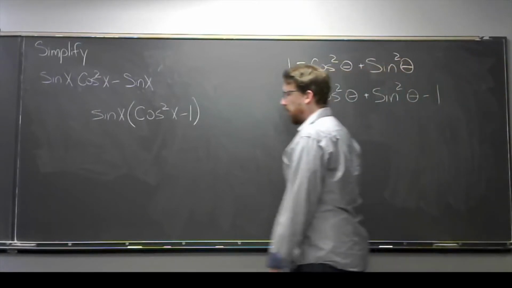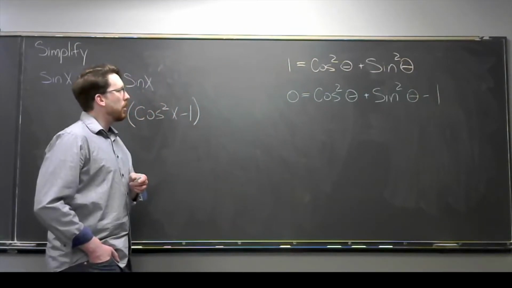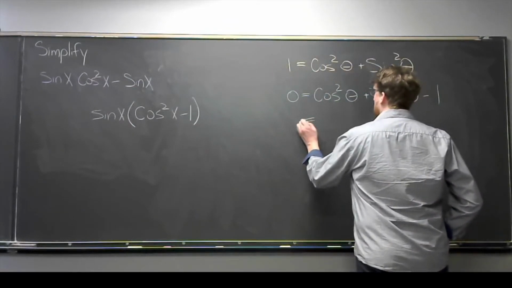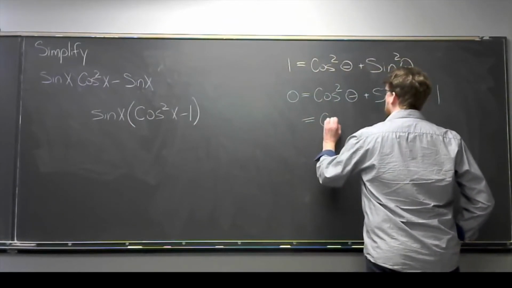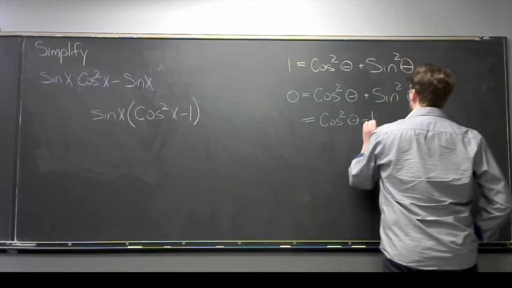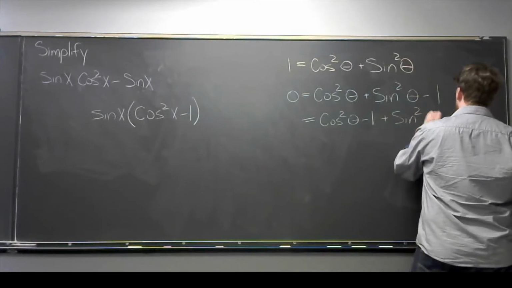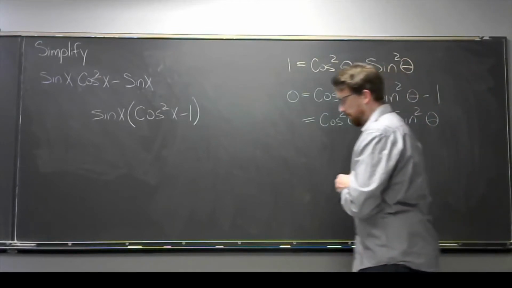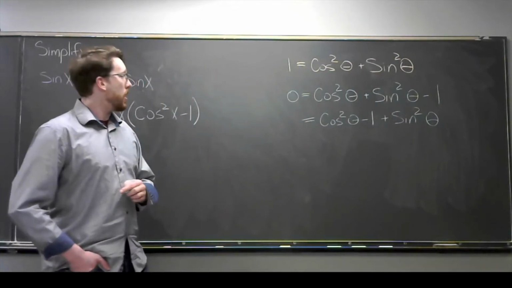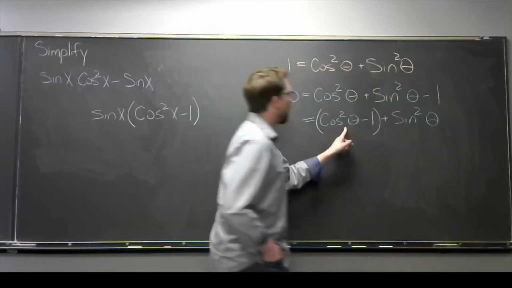Okay, so it's starting to look a little bit closer to what we wanted. Because we can rearrange these terms. And we're going to end up with cosine squared of theta minus 1 plus sine squared of theta. Okay, so definitely looks promising now, right? Because we've got this, and this is what we want to know.